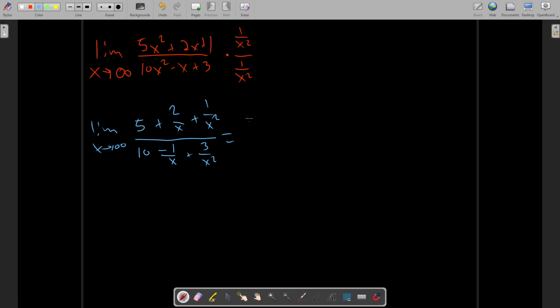So knowing this, and since x squared is even bigger than x, if that goes to infinity, 1 over x squared would also go to 0. So knowing that, we can say that this equals 5 plus 0 plus 0 over 10 minus 0 plus 0, which equals 5 over 10, which would equal 1/2.